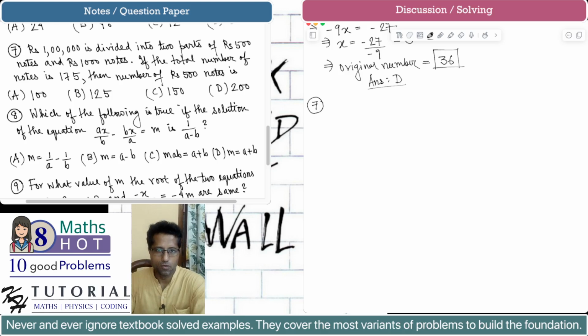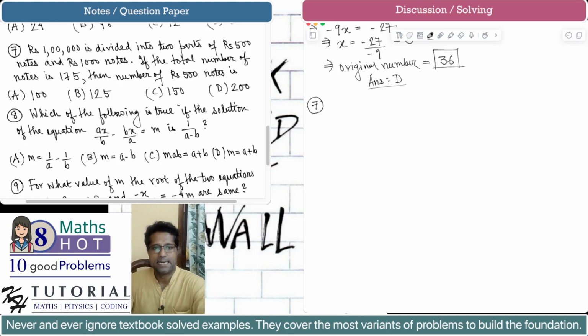If the total number of notes is 175, then the number of rupees 500 notes is... So the total amount of money is rupees 1 lakh, divided into two parts: one part has 500 notes and the other has 1000 notes. The total number of notes of 500 and 1000 is 175. Then we have to find the number of 500 notes.